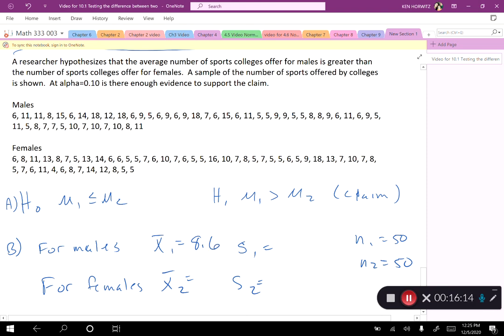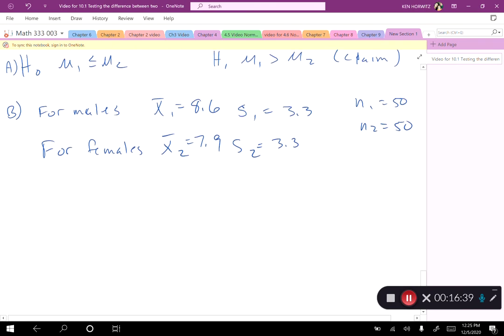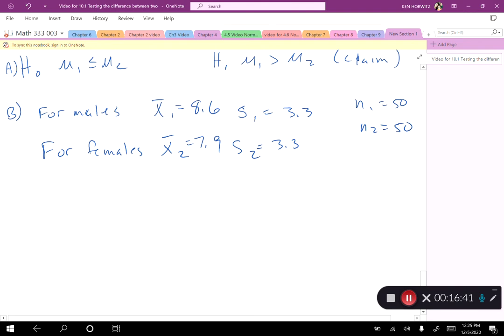I found my standard deviation to be 3.3. My second sample, my female sample, 7.9, not 7.7. And my standard deviation, again, I got to be 3.3. Again, totally key to success here. Because now when we scroll up, we have to use these numbers in our Z formula.